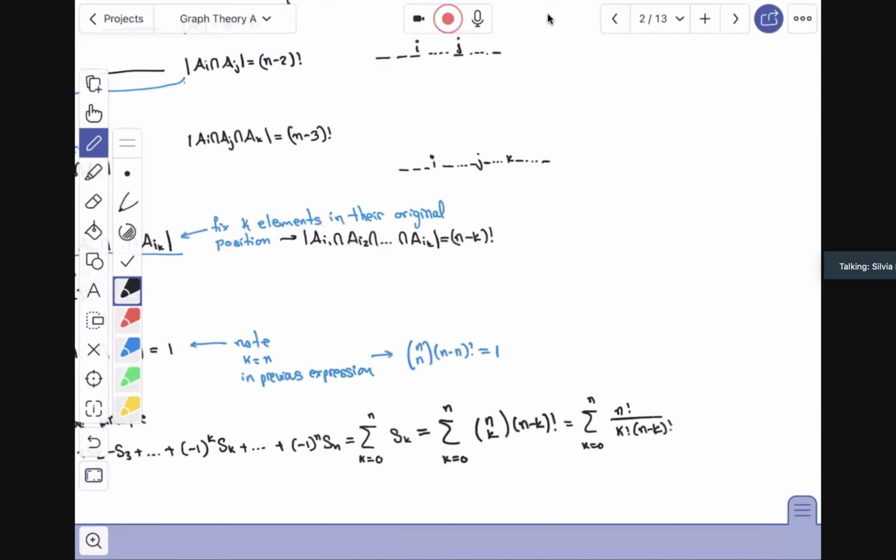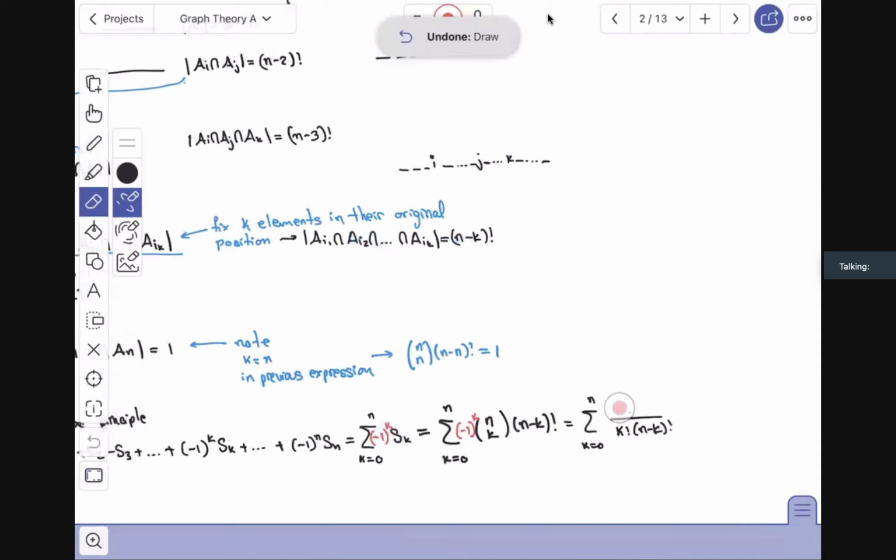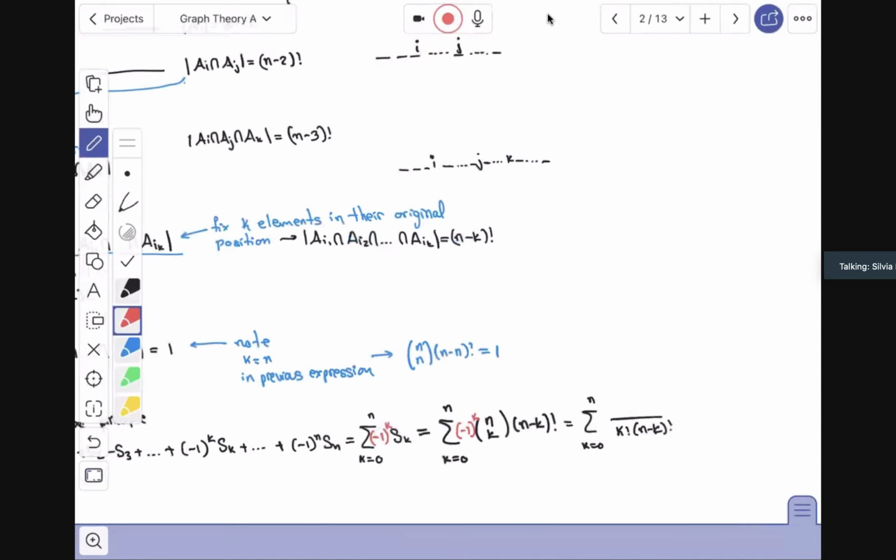Oh, wait, sorry guys, I'm missing the alternation, right? I'll add it here: negative 1 to the k. I expanded the binomial. And so now this cancels.